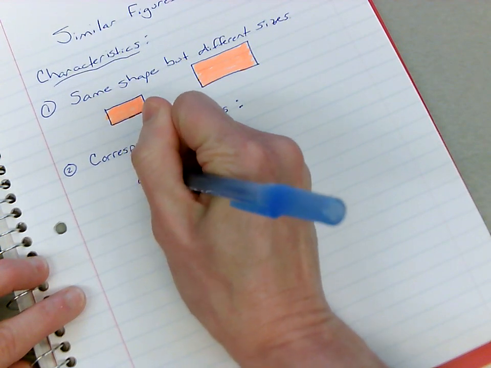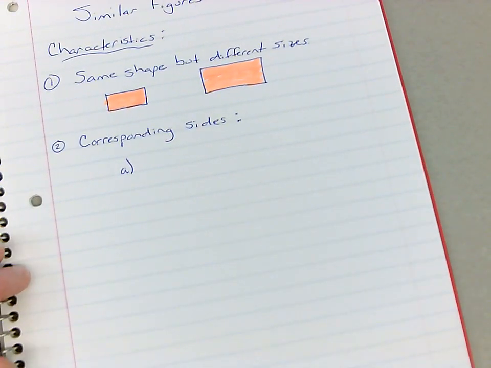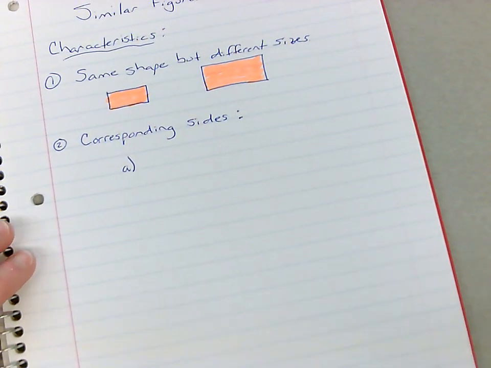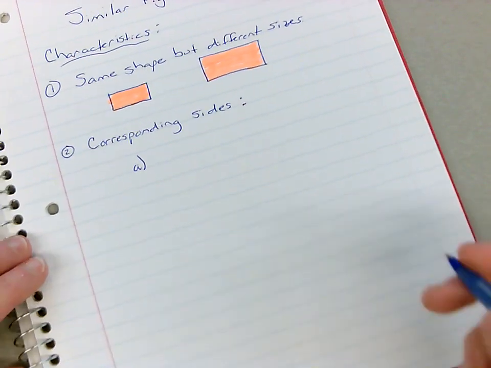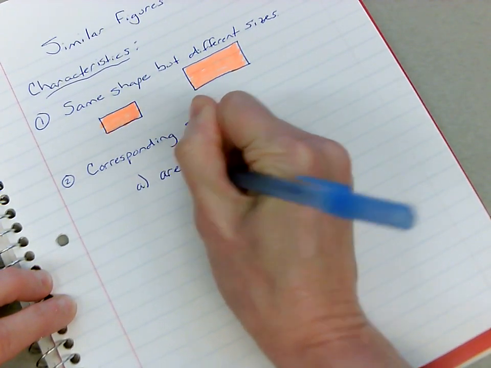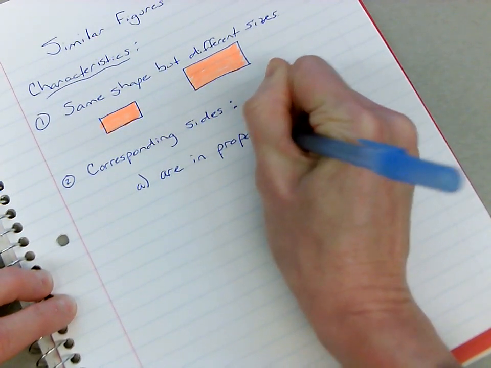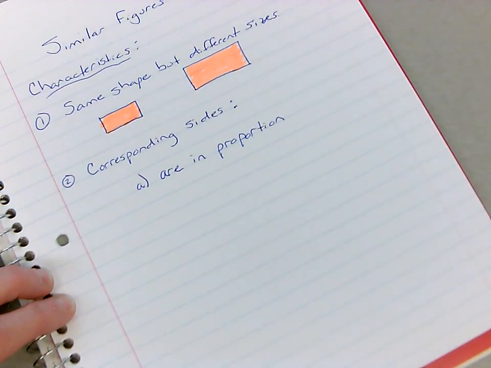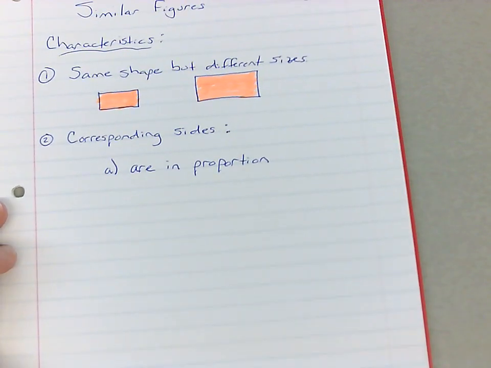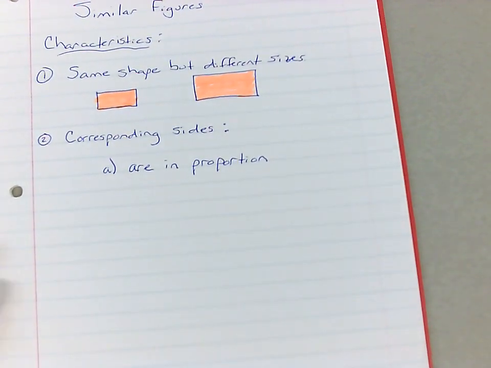So we're going to call this letter A to start with. Corresponding sides are in proportion. Corresponding sides are in proportion. So we're going to draw an example there of what that means.